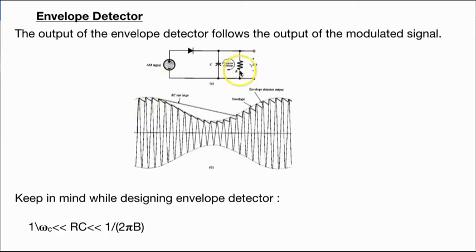With the C and R, it gets charged up to its peak value and then the capacitor discharges till it reaches its next peak value. And it again charges to that peak value and again gets discharged. The whole step is followed, keeping in mind that RC should not be too large, so that it doesn't fail to follow the path of the modulated signal.